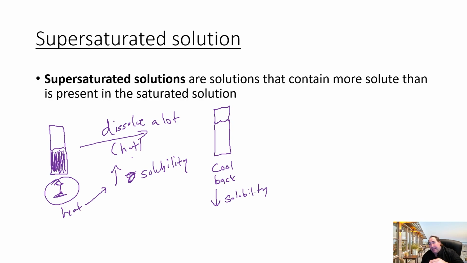So you have now increased the temperature, gotten all this solid to dissolve, then you lower the temperature back down without disturbing it, and you're going to have now dissolved in this solution way too much solid for that temperature that the solution has now dropped back down to. It creates a super unstable solution at this point.